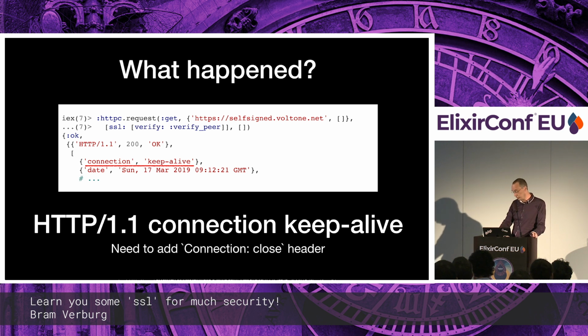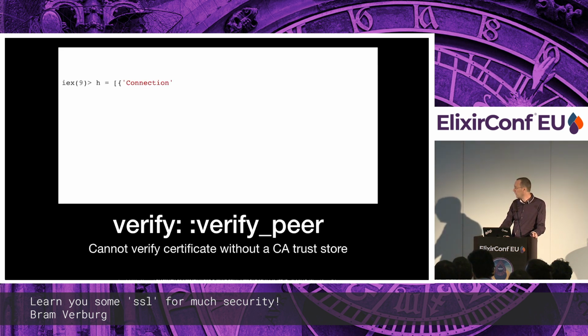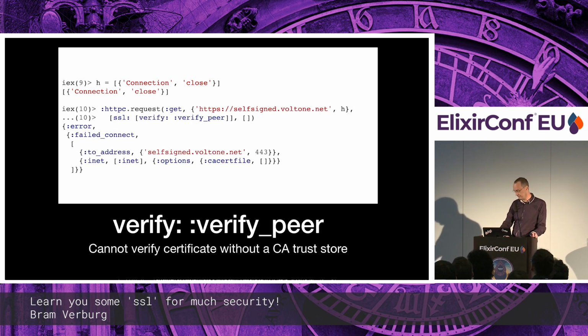So the solution here, of course, is to pass an additional header in the request that forces the connection to close every single time. So if we're passing the additional header option, now every single time we make this request, the connection will fail, which is good.